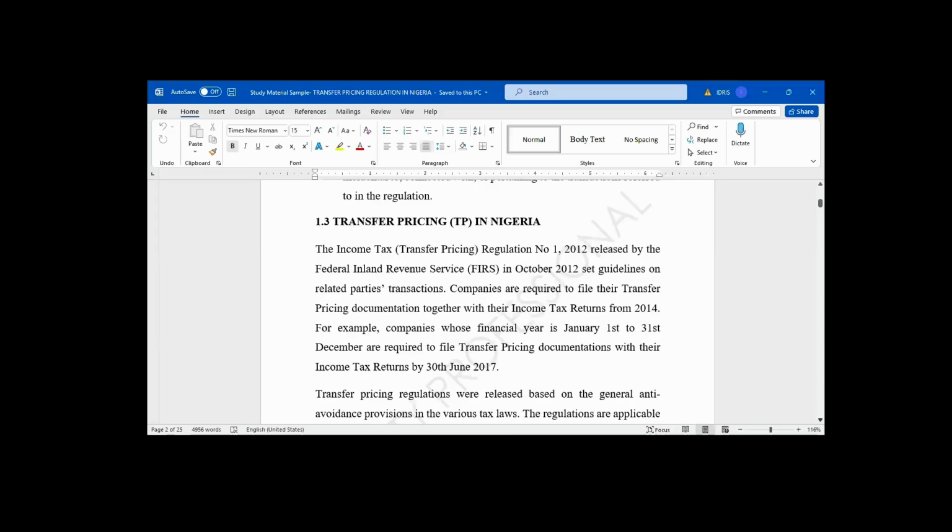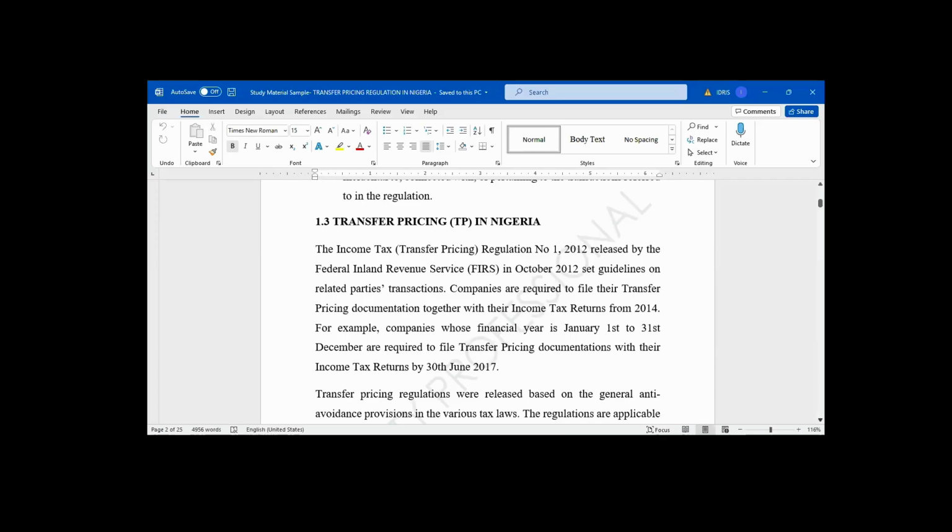And the guideline was released by FIRS around October 2012 on how related party transactions will be treated. It also covers what documents and returns will be filed by companies engaged in transfer pricing, most especially multinational companies.